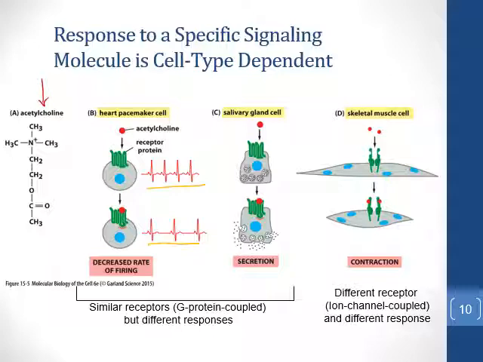Now, if you look to the right of that in the salivary gland, you'll notice that you also have acetylcholine binding to a very similar, maybe not exactly, but a very similar acetylcholine receptor. But look at the outcome. The outcome here is totally different. You don't get a change in the firing rate because that's not what these cells do. These are salivary gland cells. So these cells have secretory vesicles.